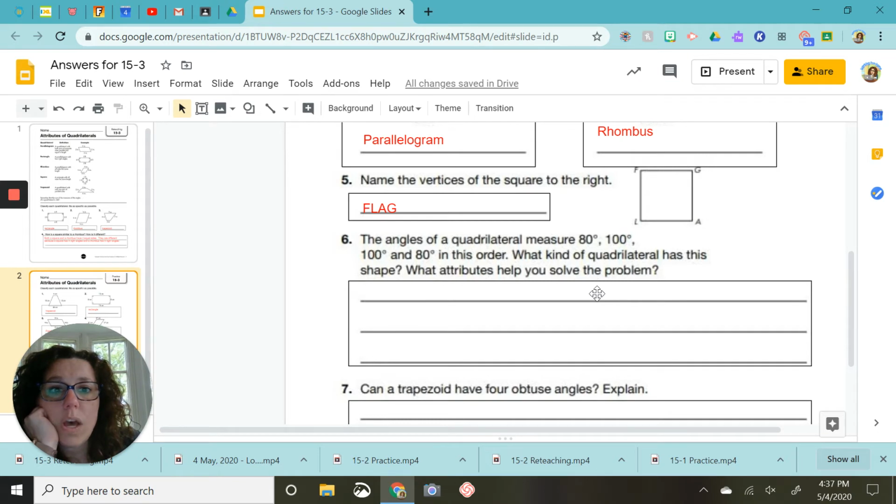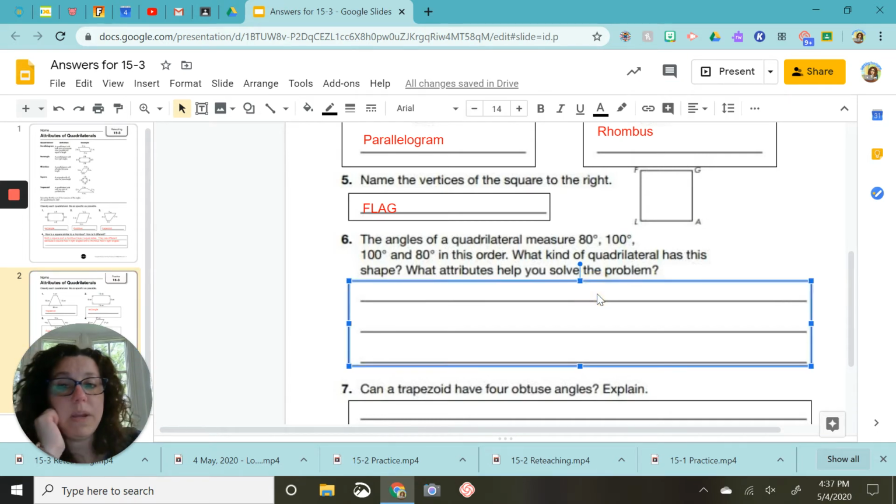So I'm just going to go with this being a parallelogram because I am not sure of the other factors, so I can't properly label it because I don't know what the lengths of the sides are. So what kind of quadrilateral has this shape?